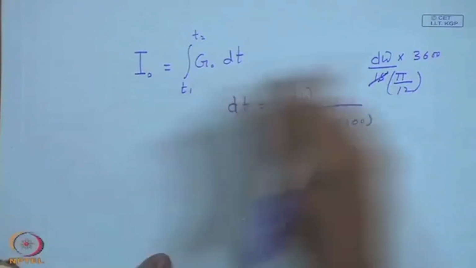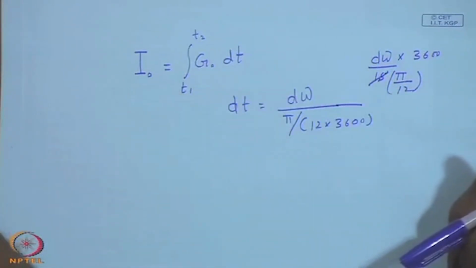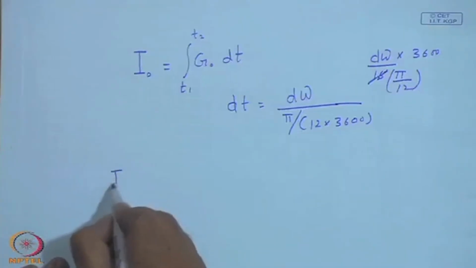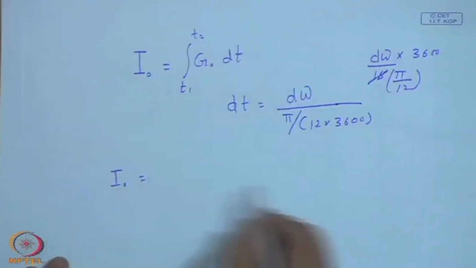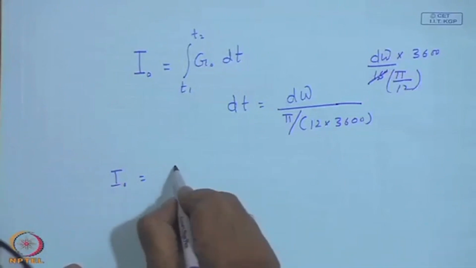So, that is how you will get that time converted into d omega, as d omega divided by pi by 12 into 3600 within brackets. Okay. Then my I 0, so I do not rewrite that expression, it is integration.